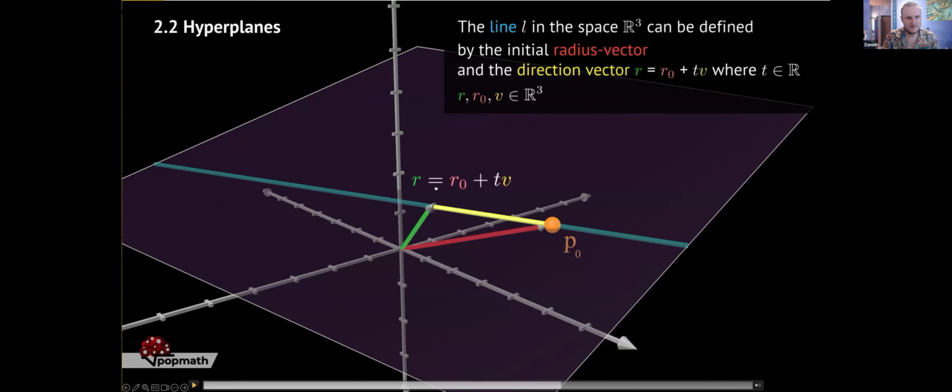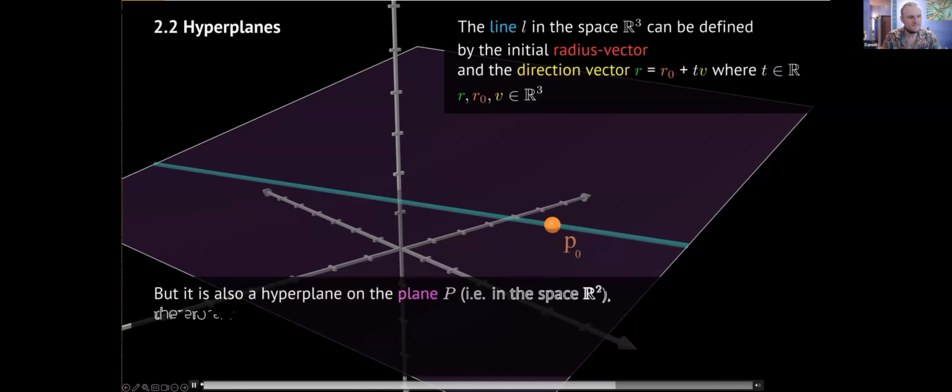And that is where we arrive, because if we add r0 plus tv, according to vector addition, as we introduced it before, we arrive somewhere here, right? If we pick different values for t, we get all the points that belong to this line, okay?